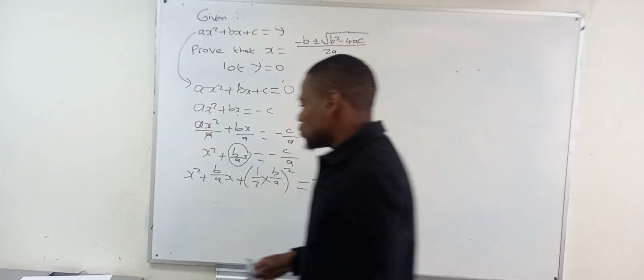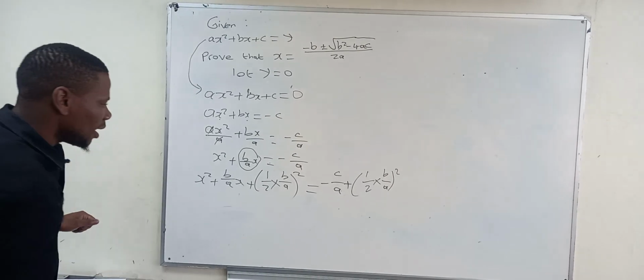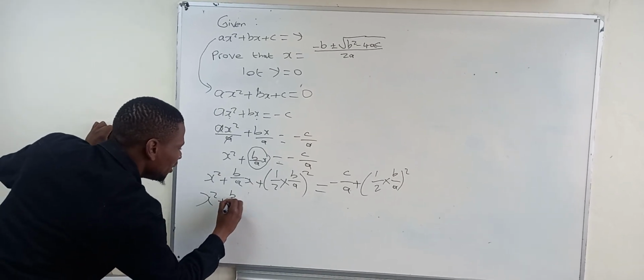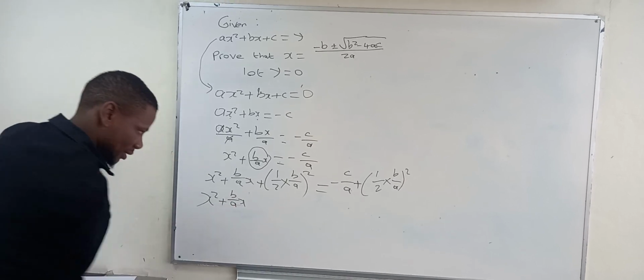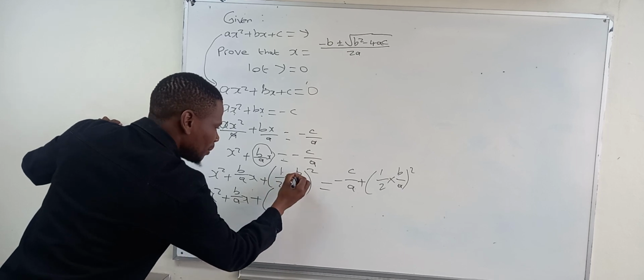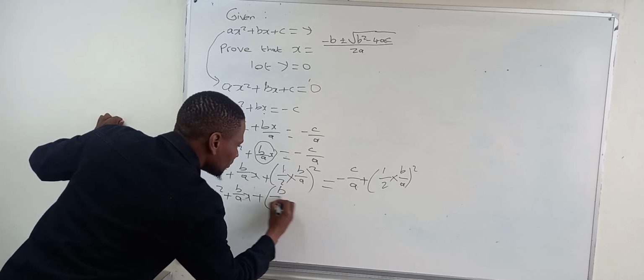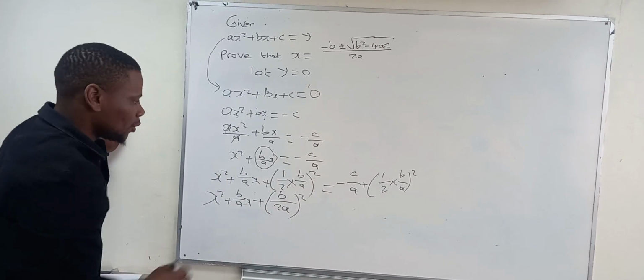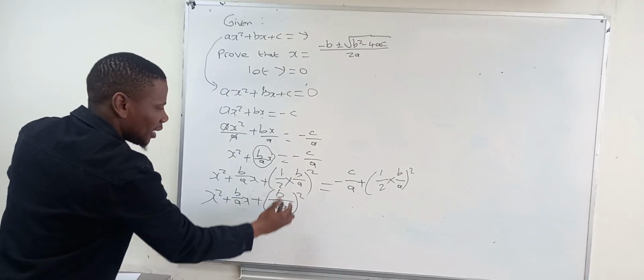So from now on, what do we do? Okay, sharp. We'll be having x squared plus b over a x plus 1 multiplied by b is b, 2 multiplied by a is 2a, then everything will be squared. We just simplified this bracket.